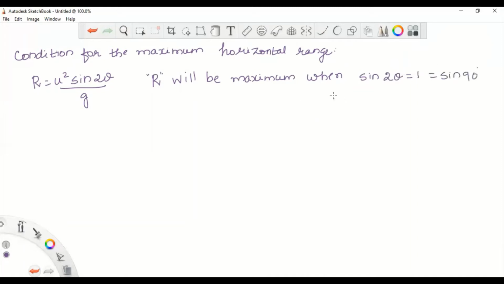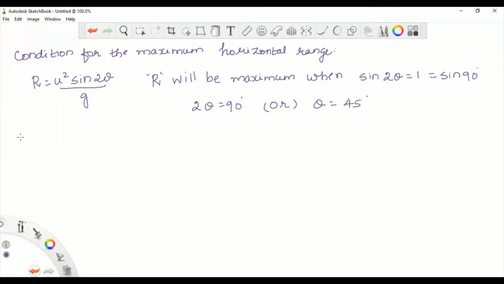Which means 2 theta is equal to 90, or theta is equal to 45 degree. Thus the horizontal range of the projectile is maximum when it is projected at an angle of 45 degree with the horizontal.